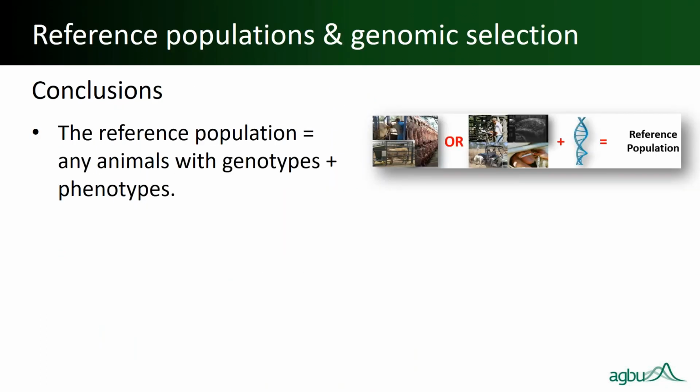So I think just to summarise across the whole presentation, it's really important for people to keep in mind that the reference population includes any animals with genotypes and phenotypes, whether they're part of these big research projects or not.